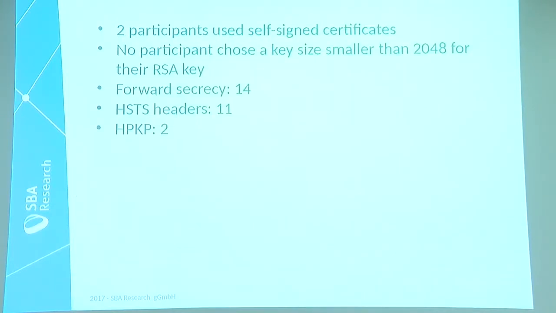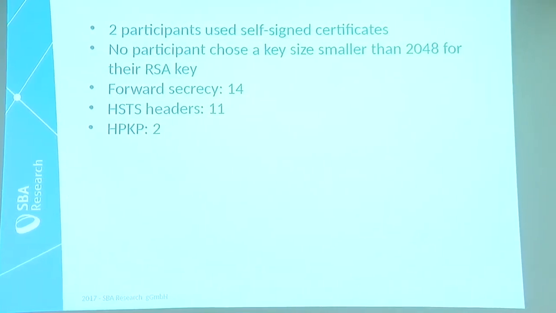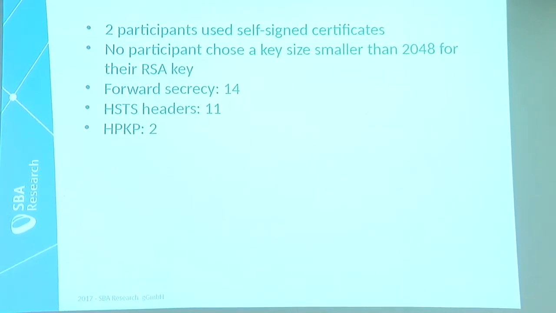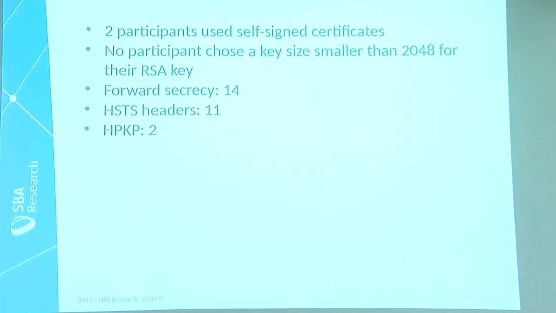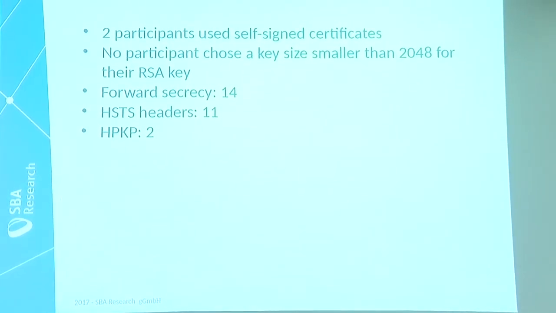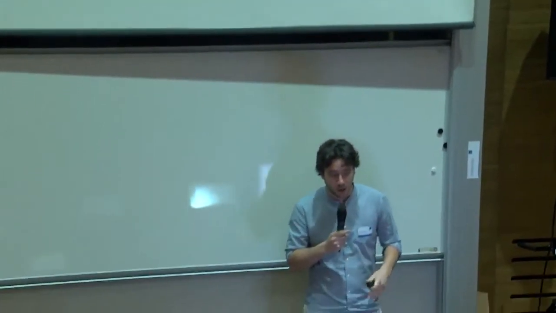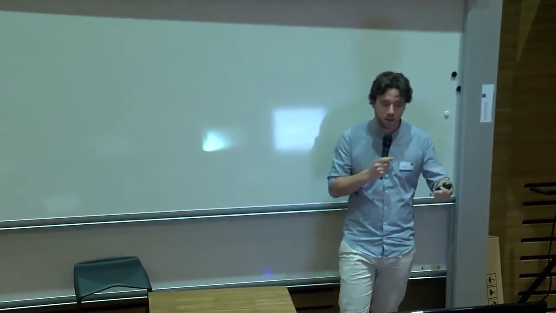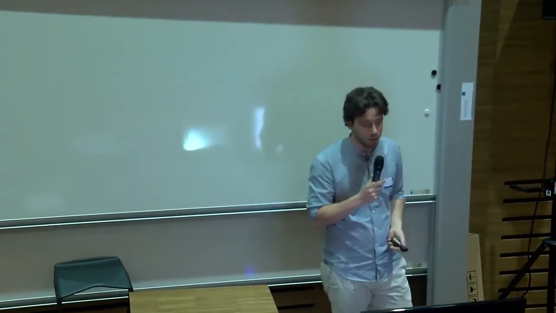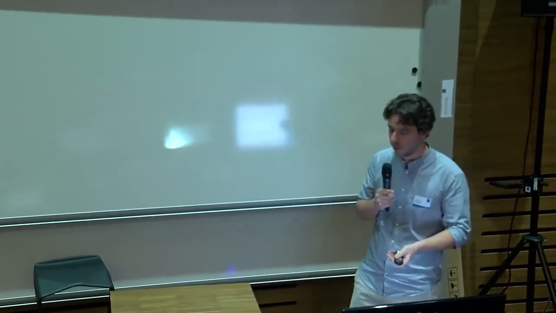When we look deeper, we can see that 2 participants used self-signed certificates, which is clearly a sign that they didn't understand the CA hierarchy at all. We noticed that they were all using big keys, I guess because bigger keys are better all the way. So let's just use a big key and we are safe, they're secure. Perfect. But then we see forward secrecy only deployed by 14 people. HSTS deployed by 11 people.